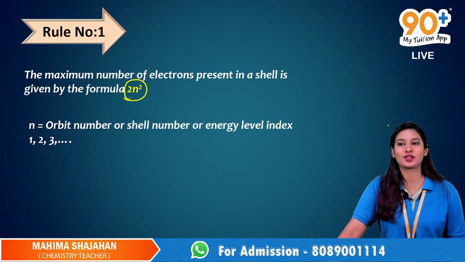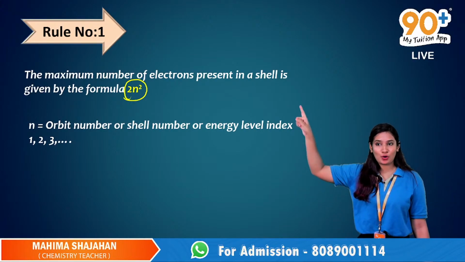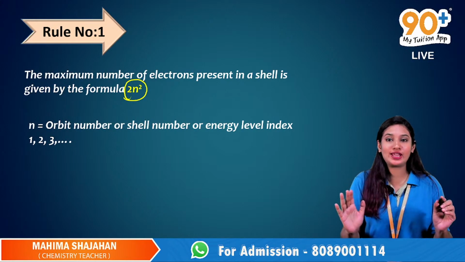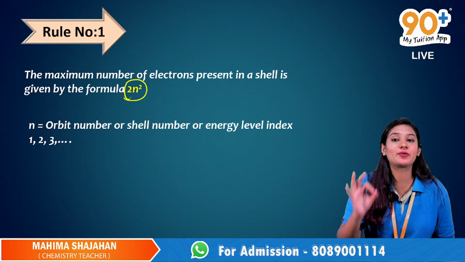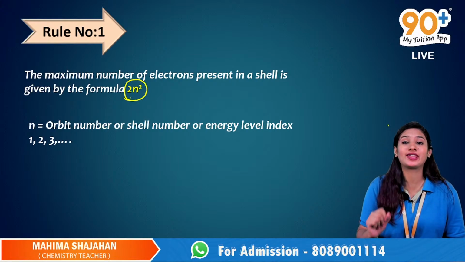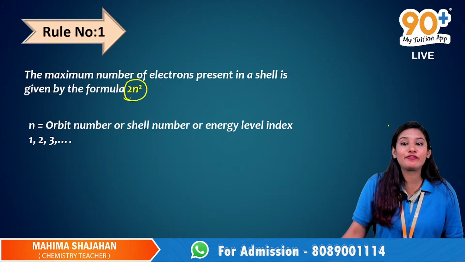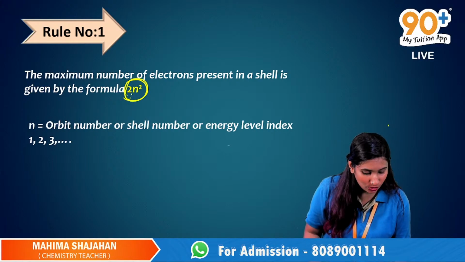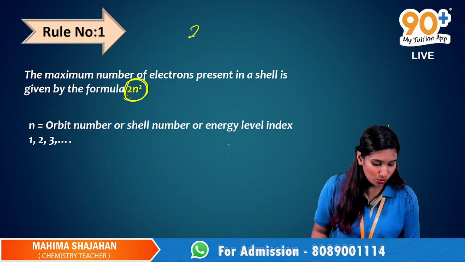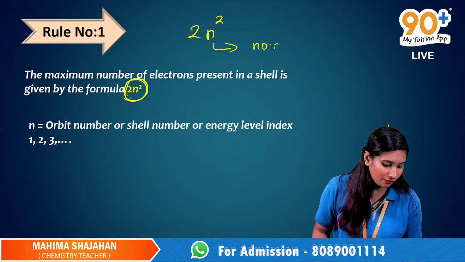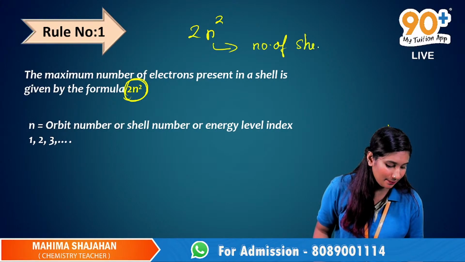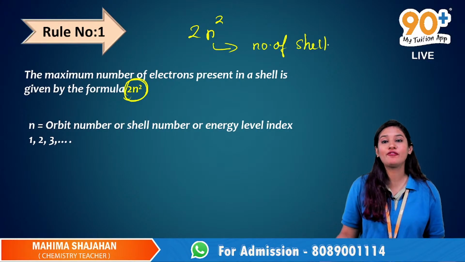Simple. So a shell accommodates a maximum number of electrons, and we have a formula, which is 2n square, where n is the number of shell or the number of orbit.